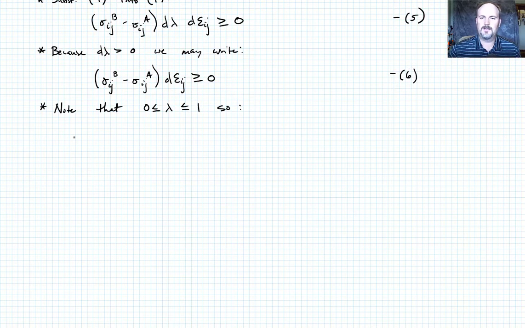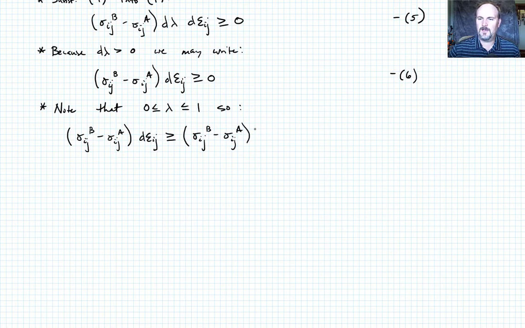We can write sigma ij b minus sigma ij a times d epsilon ij must be greater than or equal to sigma ij b minus sigma ij a now times lambda times d epsilon ij, which is then greater than or equal to 0. Because lambda is less than 1 and greater than 0, it's going to be less than this quantity and greater than 0. Call that equation 7.